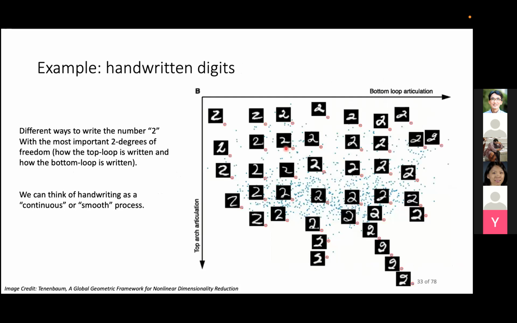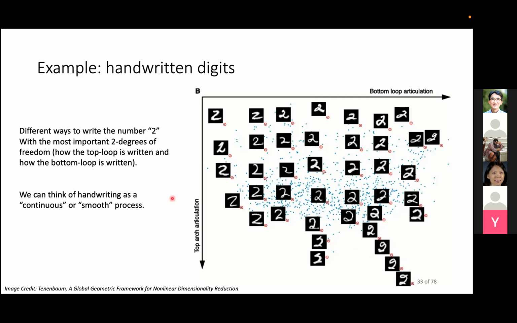Another example is the well-known MNIST dataset, where this one is about how you write the digit 2, and you have 2 degrees of freedom in writing the top loop and the bottom loop. You can see that if you write the bottom loop as a circle and the top loop as a circle, they end up in this kind of place. So I think this is basically the foundation for clustering algorithms.